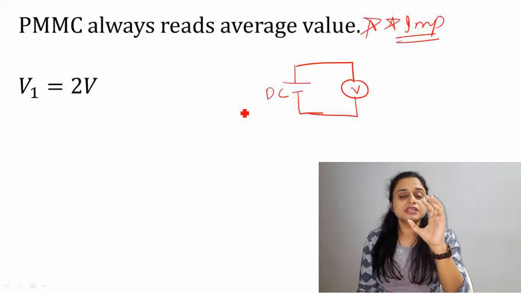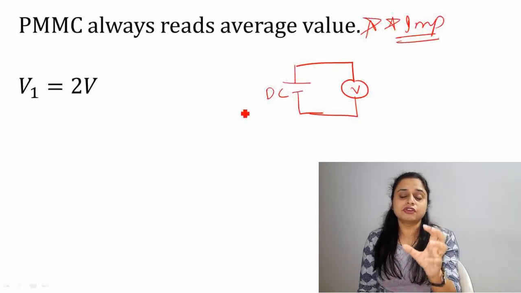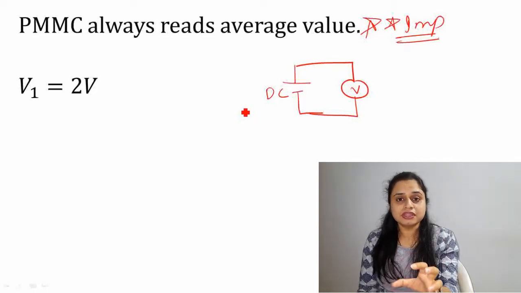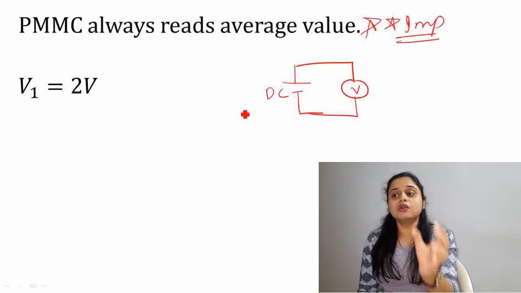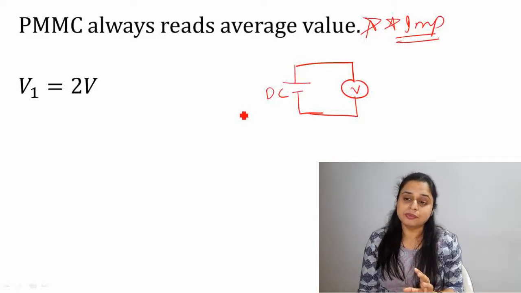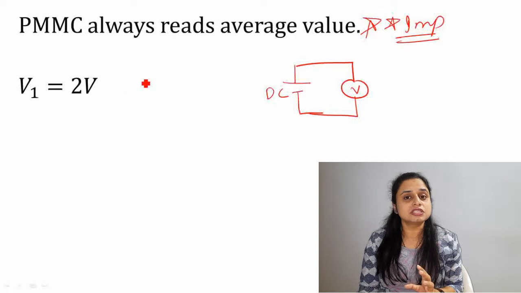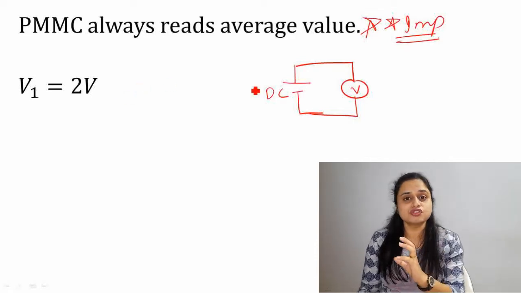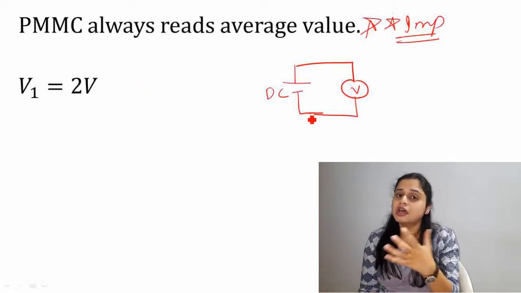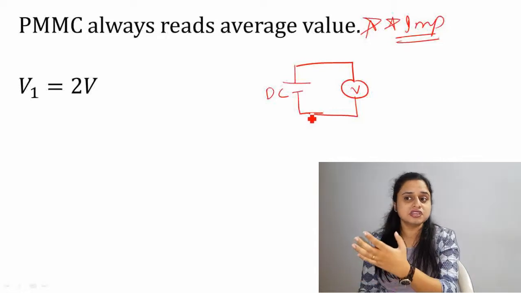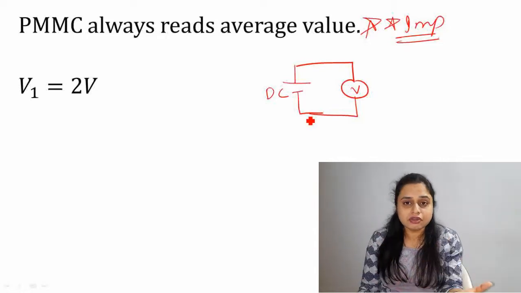So whatever the source voltage is, that voltage is read by that voltmeter. This reading is nothing but the average reading, because the PMMC instrument always reads the average value.